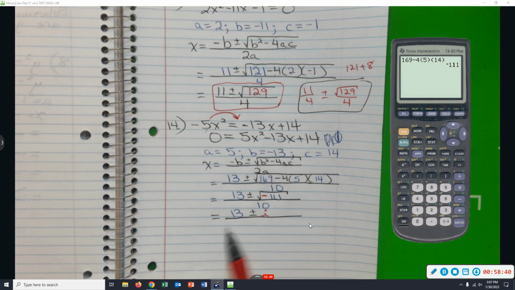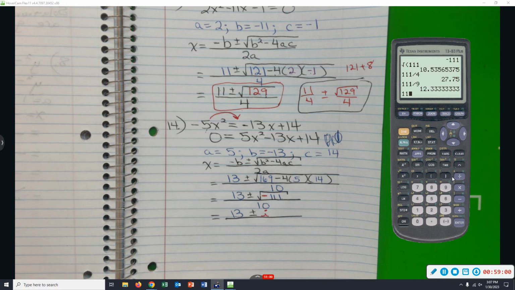What about 111? Is that a perfect square? No. 121 is a perfect square. 111, is there a perfect square that divides evenly into it? 4, 9, 16.